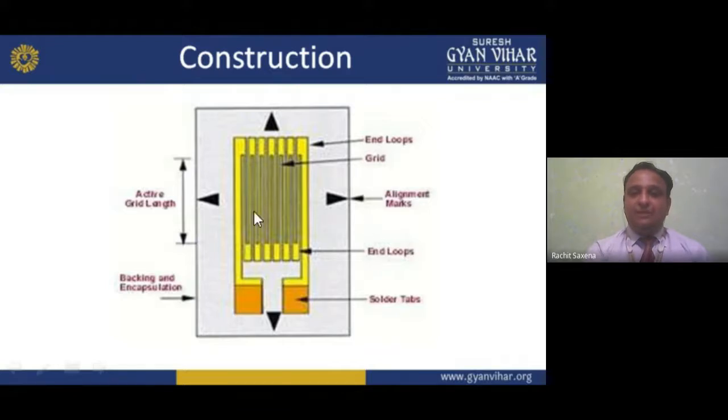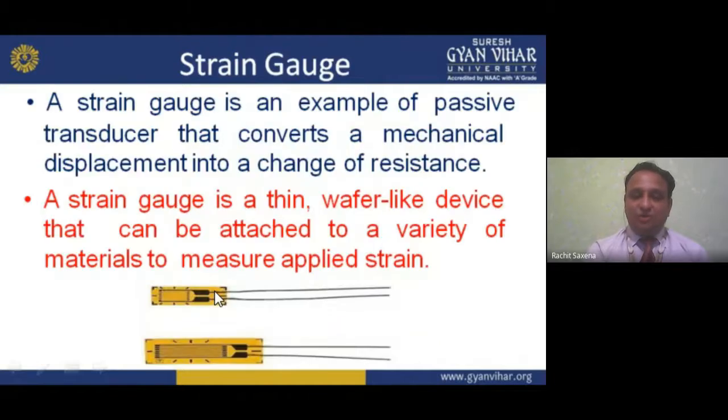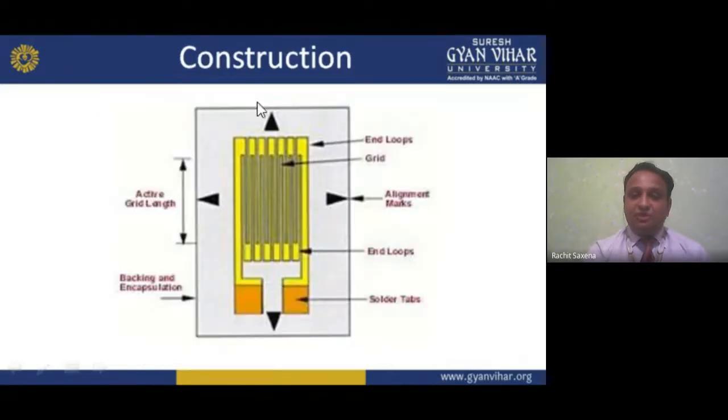Then we have the grids, that is the active grid. Then we have the backing and then the encapsulation. See here, these are the soldering tabs, the loop is there, the grid length is there. The yellow color is basically the backing and encapsulation, this whole thing. So I hope you understand.